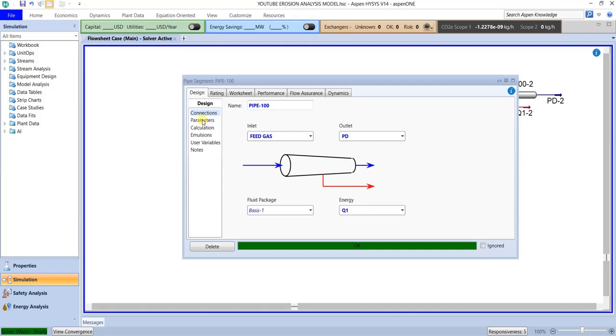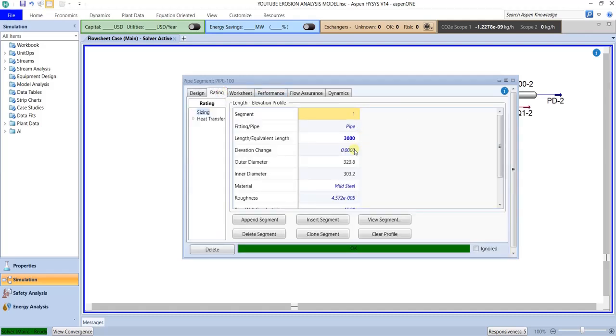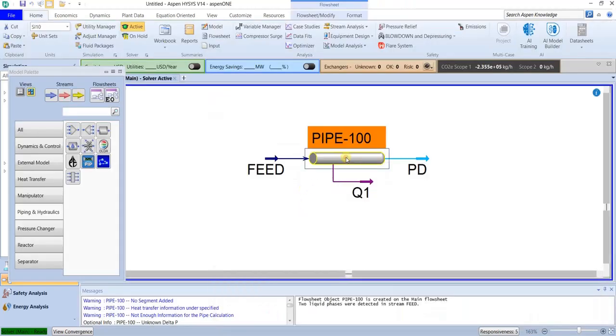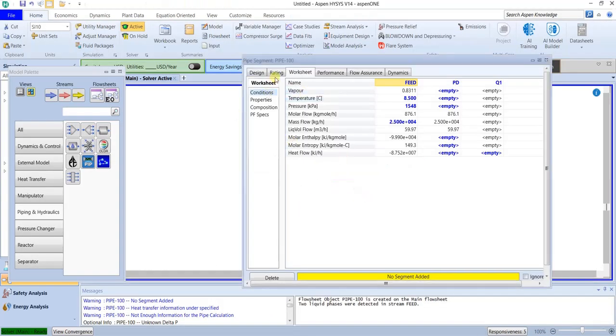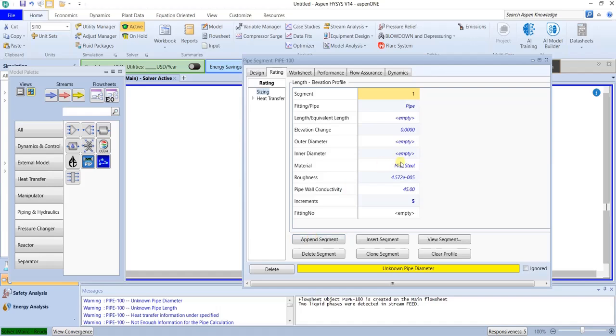Okay, so let's see what we have here. So for the segment, we just have one segment here. So we are going to make use of that. You have pipe length as 3000, elevation change is 0. So you add a segment.